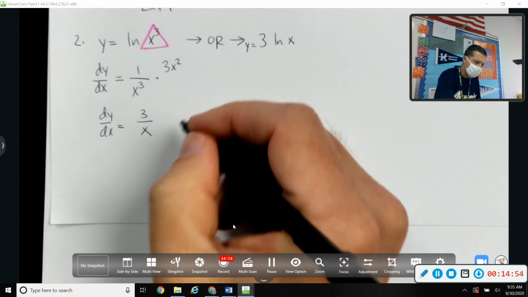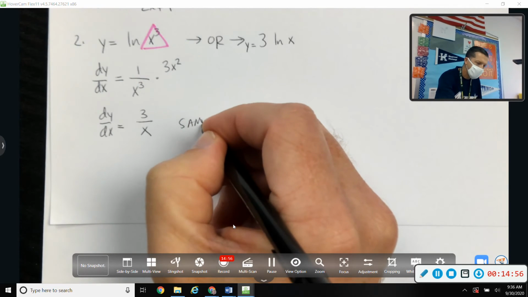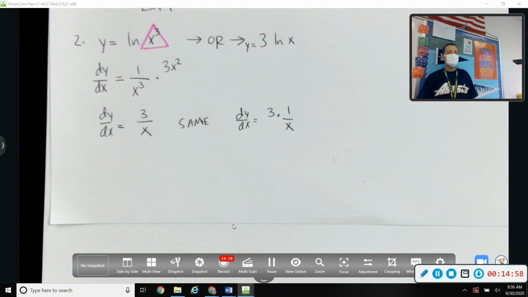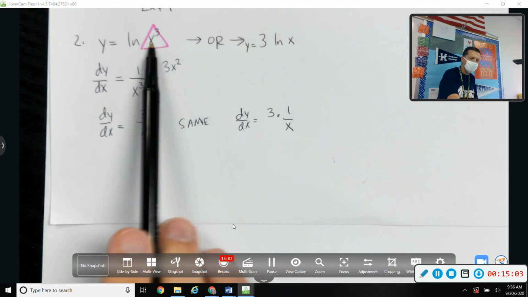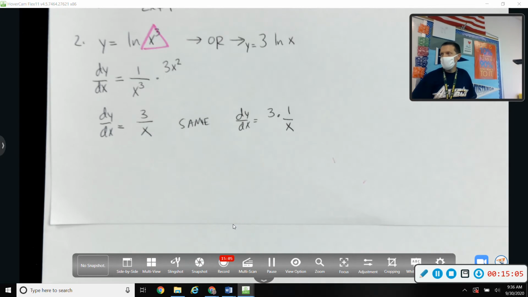Which is the same as the other way, which makes sense, but your choice. So I can pay the price in calculus dollars, or I can pay the price in algebra dollars, but I land at the same spot.